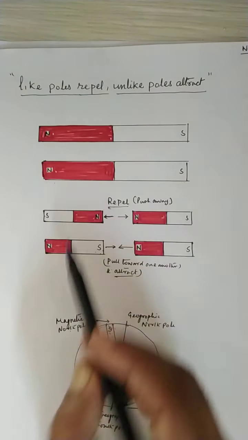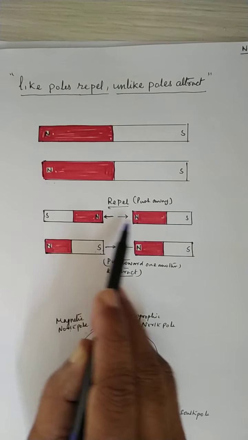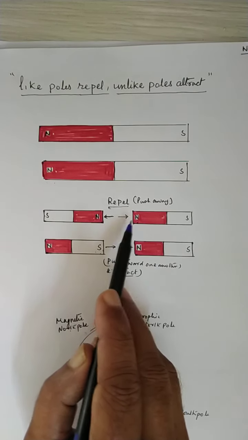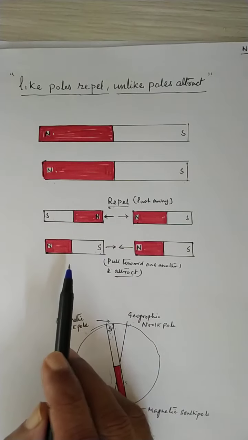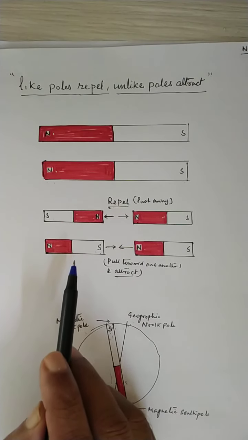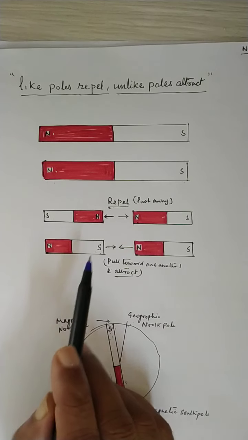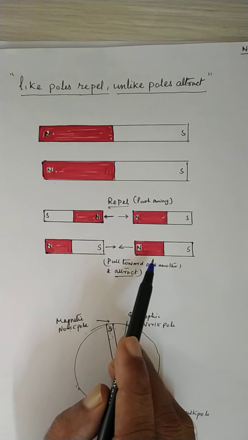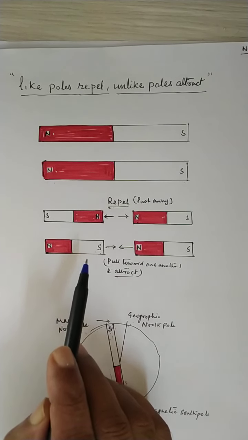So if you hold two bar magnets so their north poles are almost touching, they will push away from one another. North pole and north pole, there will be repulsion. And if you turn one of the magnets around, so one magnet's north pole is near the other magnet's south pole, the magnets will pull towards one another.